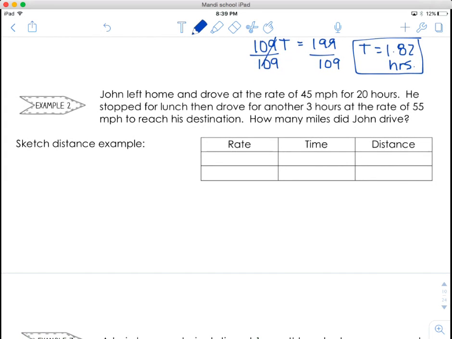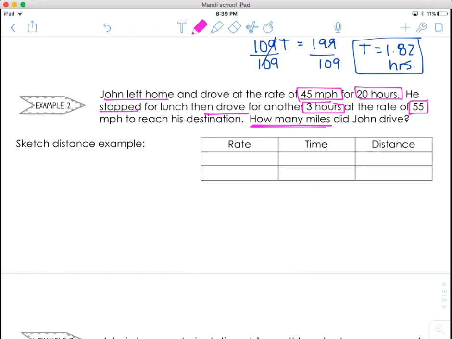John left home and drove at a rate of 45 miles per hour for 20 hours. He stopped for lunch, then drove another 3 hours at the rate of 55 miles per hour.